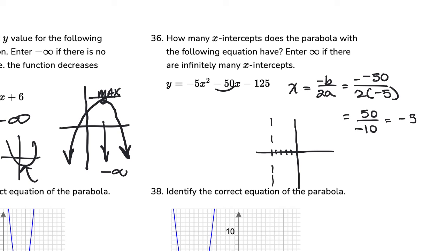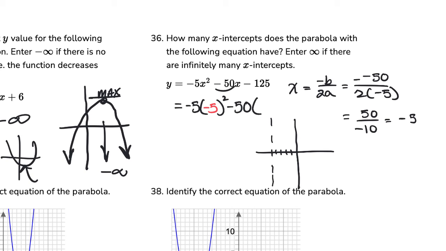And to figure out the y value, where it lies on this axis of symmetry, I just plug that x in, negative 5, and figure out what the y value is. So I'll go y equals negative 5, and I'm going to put in a negative 5 for x, because that's the x value where it has the vertex.